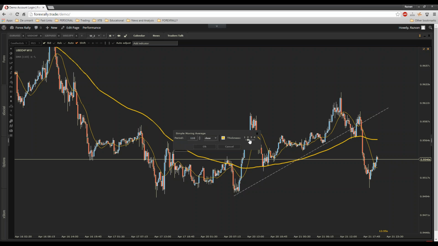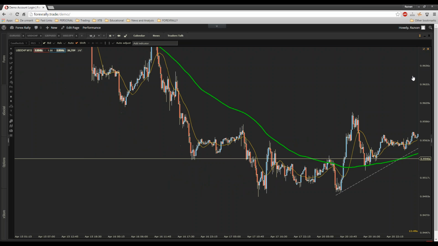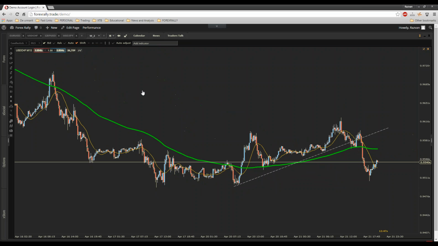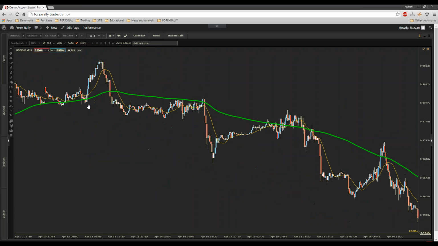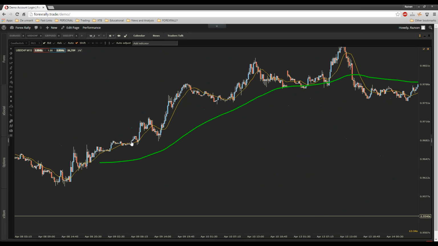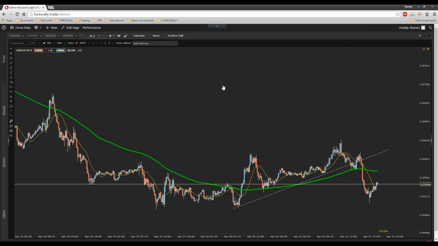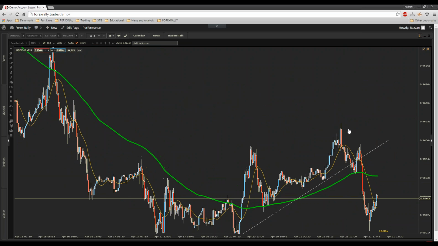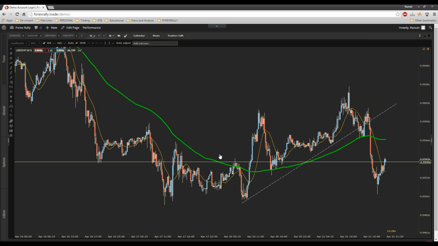Let me change the color a bit. Good. Now, look what happened when we put on the graphic a 110 moving average. It is slower. In technical analysis, it is known to be a slower moving average. So the higher the number of periods, the slower the moving average.